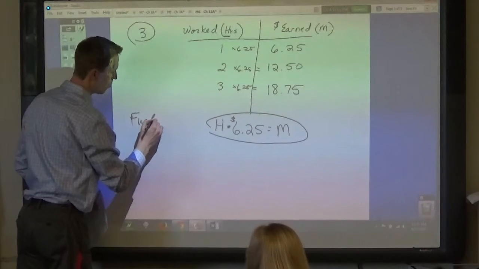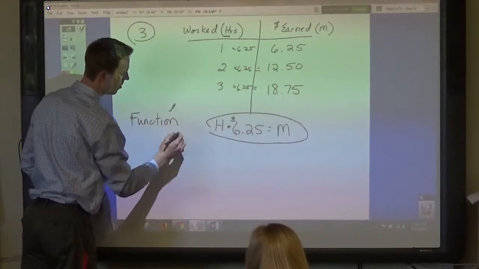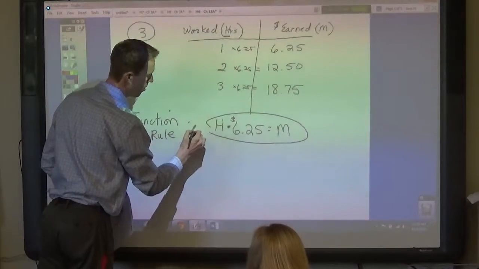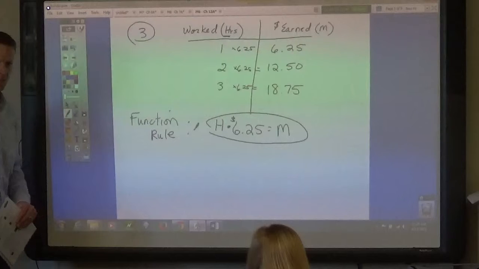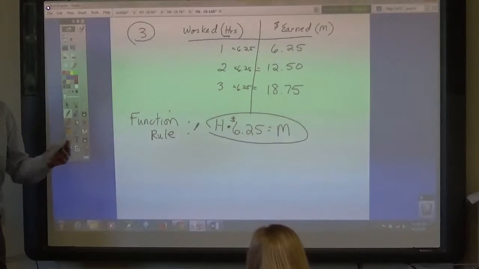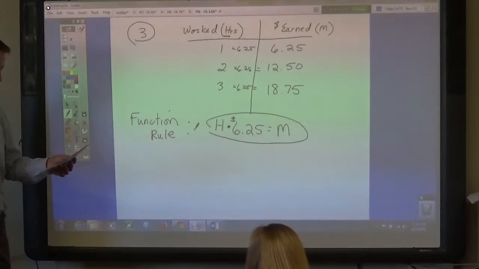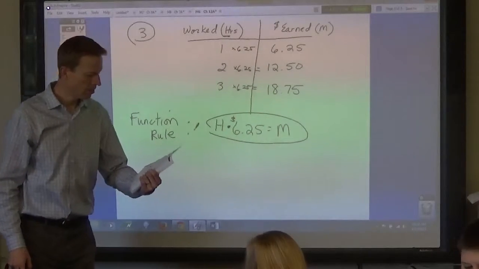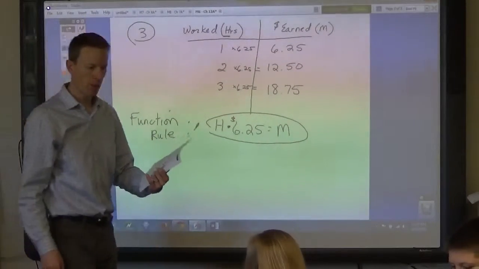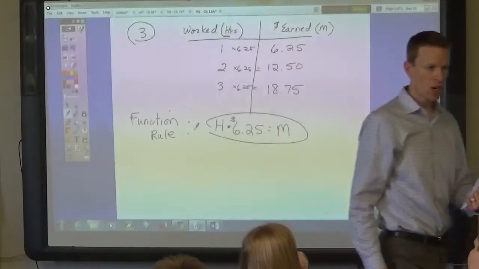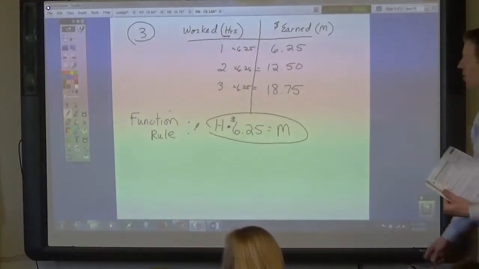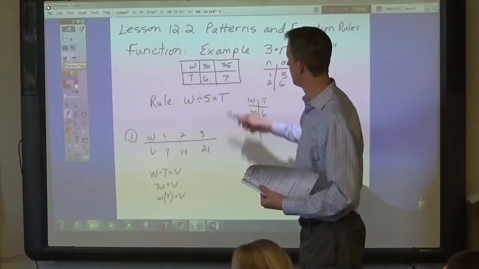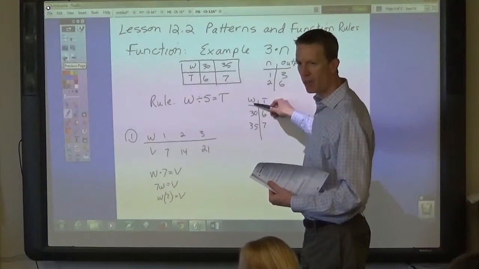So when it says to write a function rule, it's asking for this. It's an equation that relates the two variables. So that's your assignment for tomorrow, to look at these charts, either written going across like this, or going up and down.